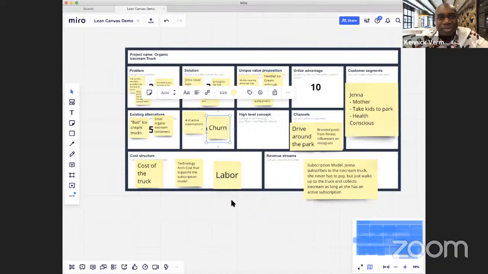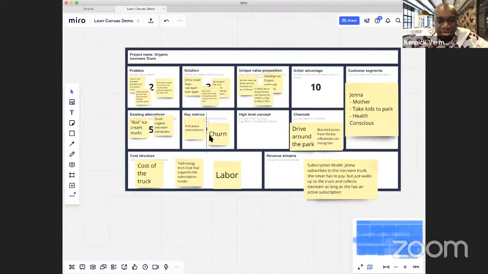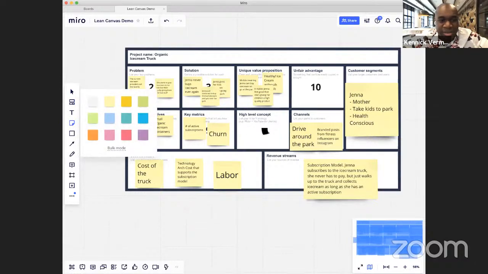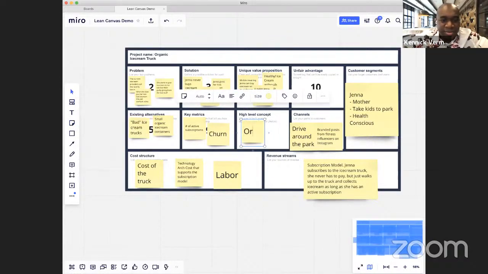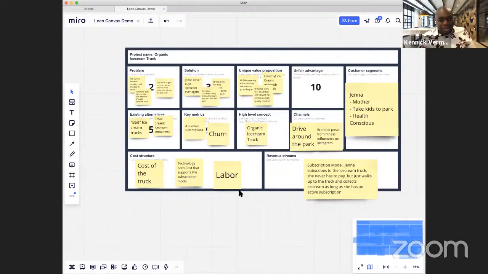Churn means the percentage of people who leave your subscription after a certain period of time. Actually, let's fill this in. Organic ice cream truck. Now, the last thing is the unfair advantage.